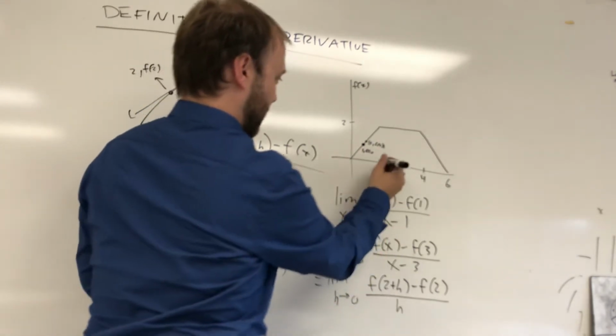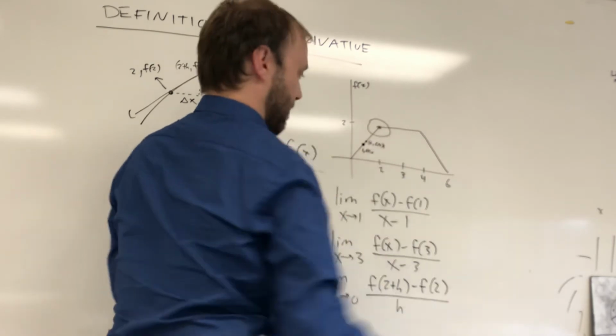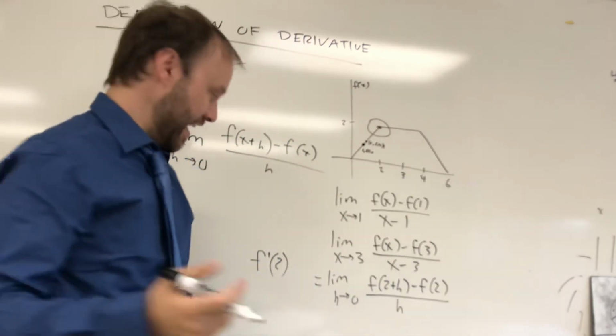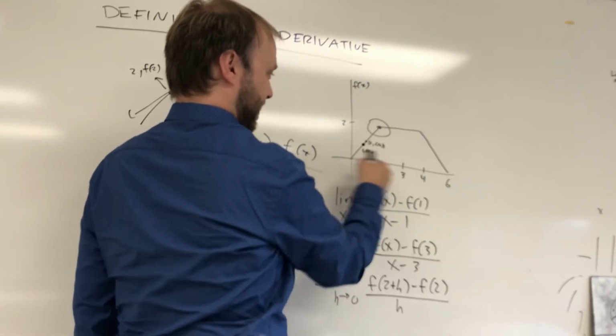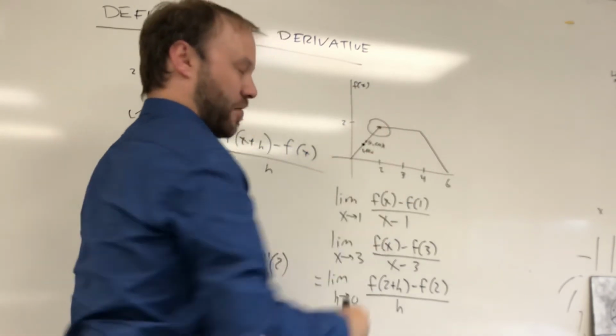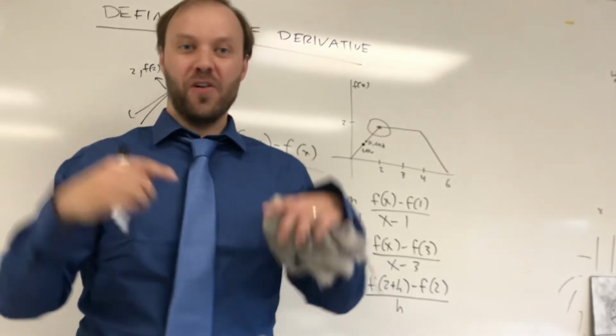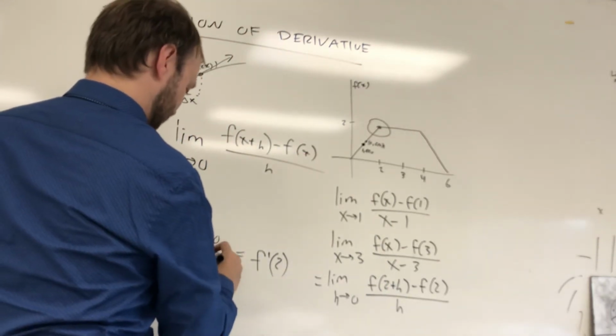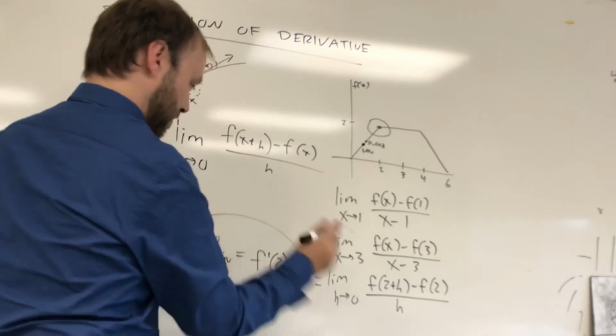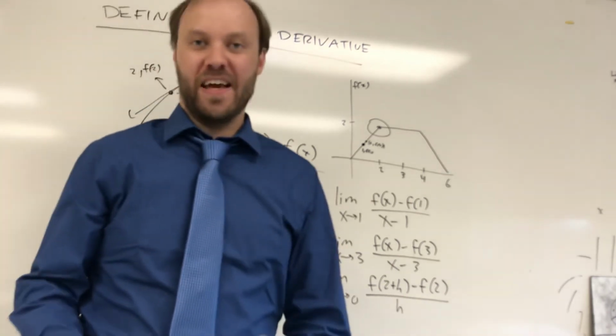Okay, now notice something. That's a cusp, okay? Because there's a cusp, we're approaching a derivative of one slope from one side, we're approaching a derivative from another slope on the other side. There's no overall derivative there. So basically we say there is no derivative, it's not differentiable at a cusp, something like that, okay?